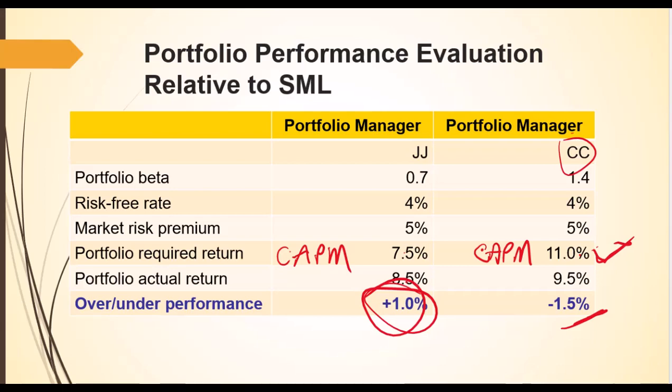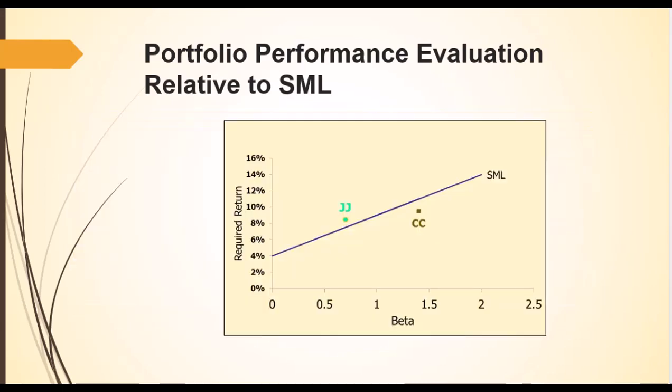Either something is going on in the marketplace that investors are changing prices, or the capital asset pricing model is wrong. Either one of those things could be at play. We know that things change in the market. So again, anything above this security market line, these are good investments. You should buy them. Anything down here, these are bad investments. You should not buy them. In fact, if you own them, you should sell them.